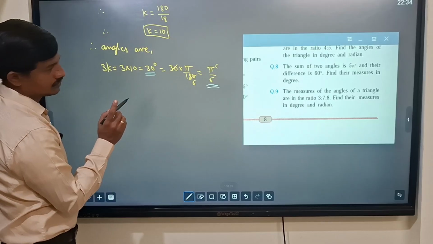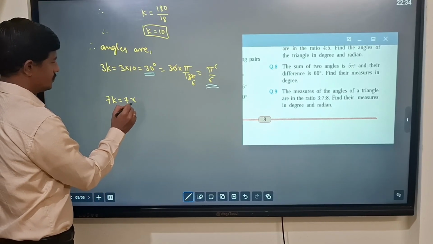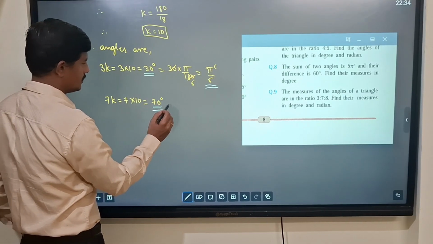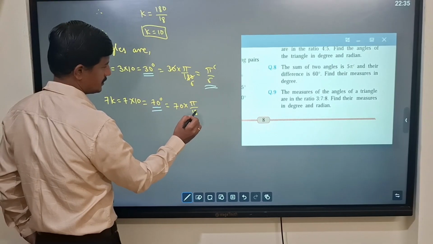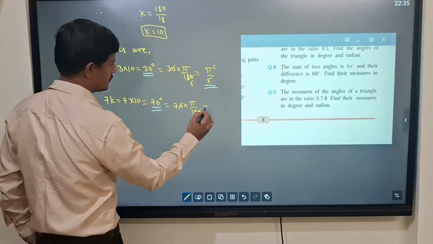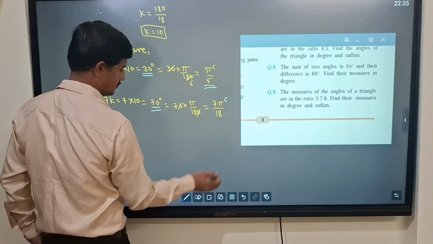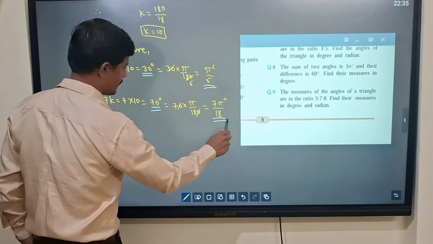Now 7K is equal to 7 into 10 equal to 70 degree, equal to 70 into pi by 180, 0 cancel. So this becomes 7 pi by 18 radian.